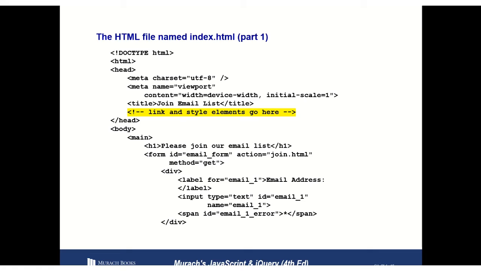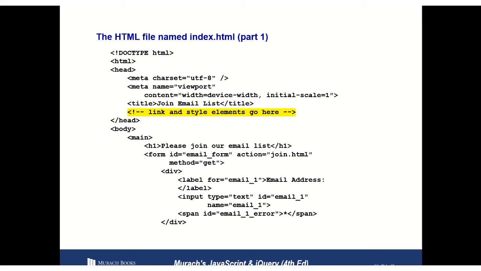After that, there is another meta element that sets a viewport to help the page display properly, and the title with the text that will display in the browser's tab. Finally, there is an HTML comment indicating that any link and style elements go here. We did not put any style element yet in this page.